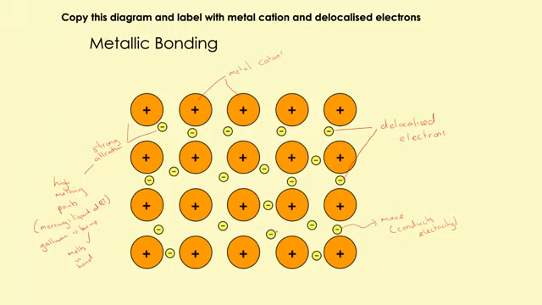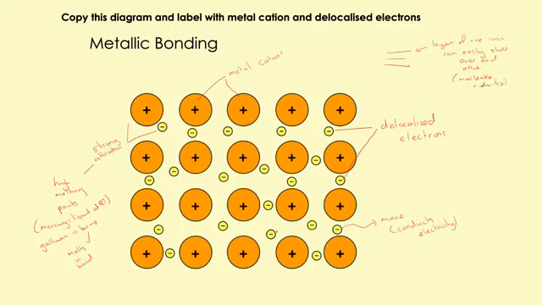And because these are in layers, they can slide over each other. So the layers of positive ions can easily slide over each other. And that's what makes metals malleable and ductile.